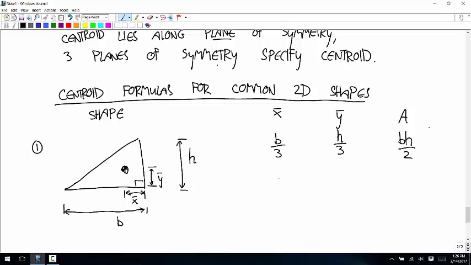So if you had a coordinate system in this corner and you wanted to give the coordinates of the centroid in this coordinate system, you'd go x bar, b over 3, in the negative x direction to get here. And you'd go y bar, h over 3, in the positive y direction, vertically. And so the coordinates would be negative b over 3, positive h over 3.